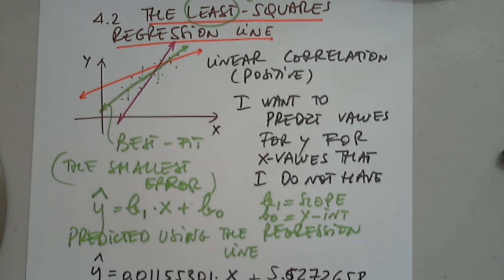But I don't have 135, and I would like to see how long it will take through the regression line. For x equals 135, I got that y hat, the predicted value, is 7.0869 in minutes.